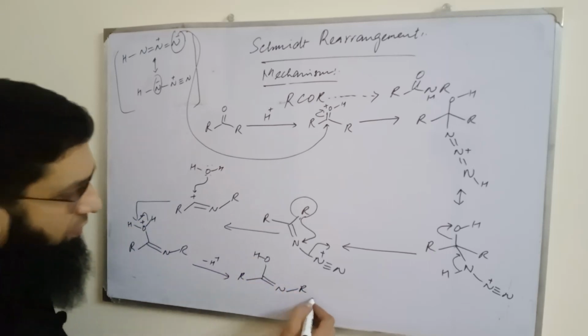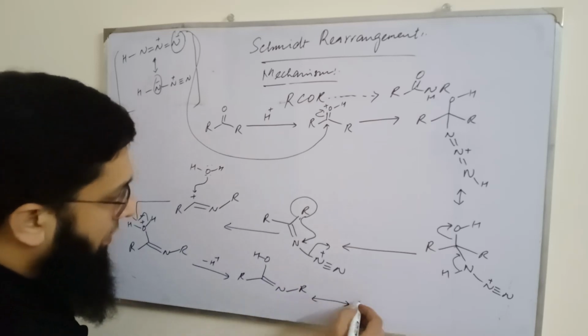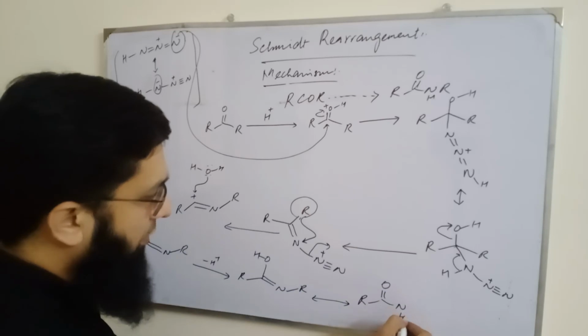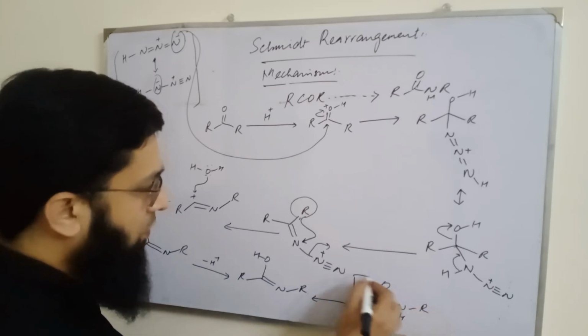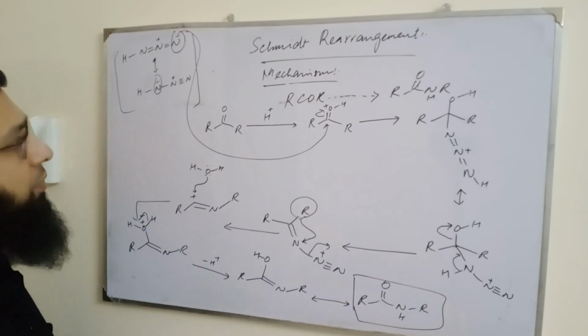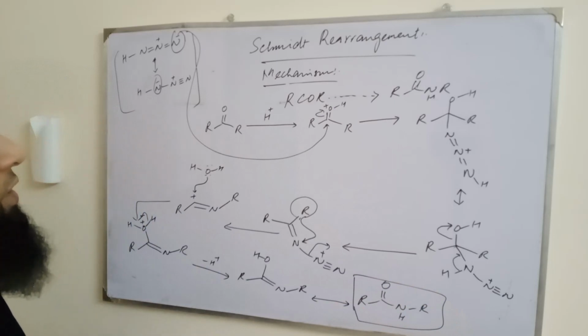This is tautomerized to corresponding N-substituted amide. So this is the conversion of ketone to corresponding amide.